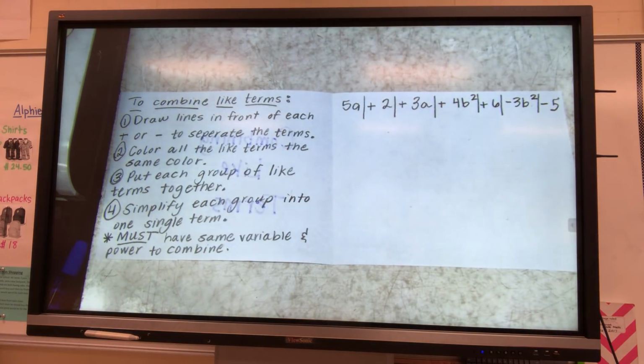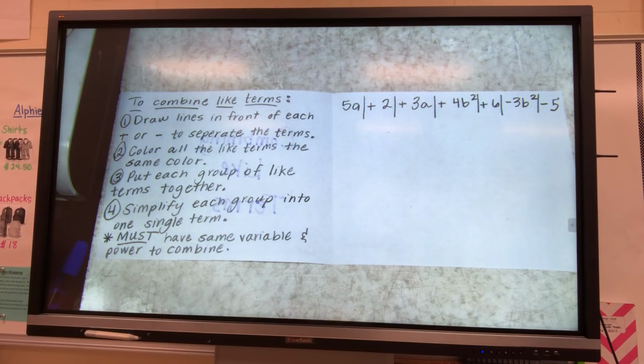I have a line in front of the plus 2, in front of the plus sign of 3a, in front of the plus of 4b squared, in front of the plus 6, in front of the negative 3b squared, we'll talk about that in a second, and in front of negative 5.